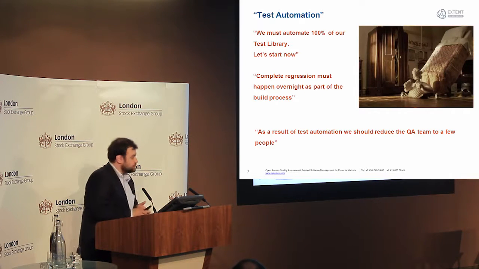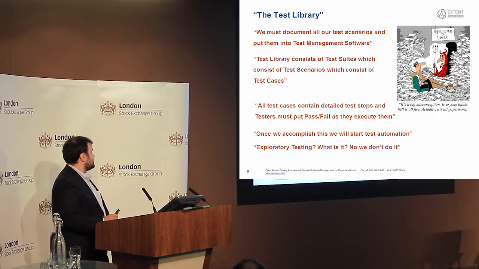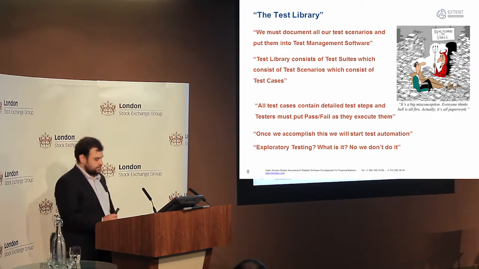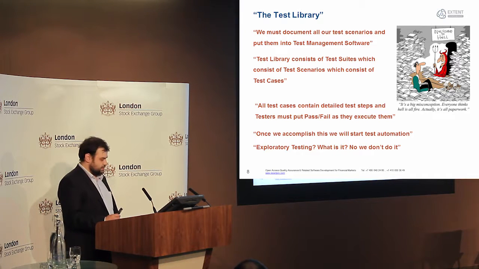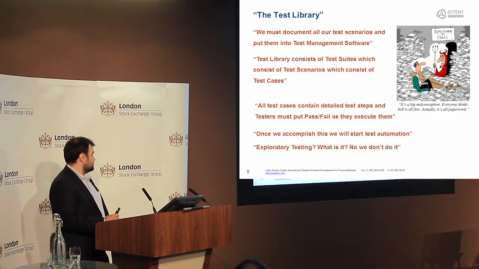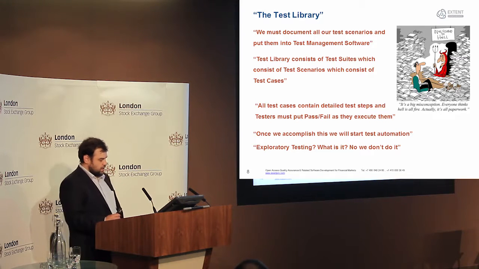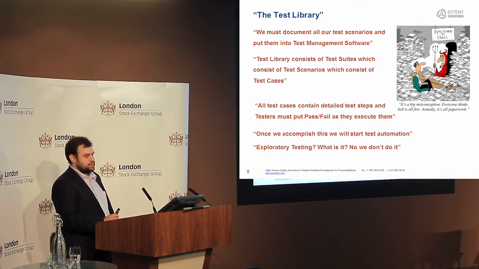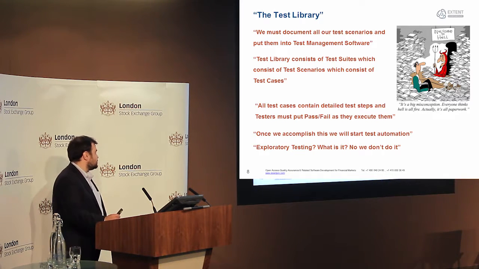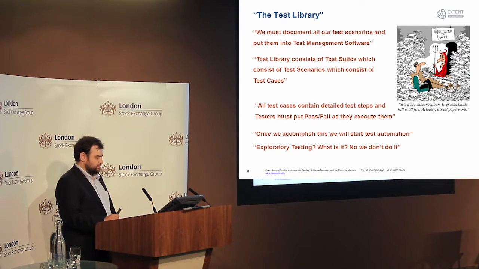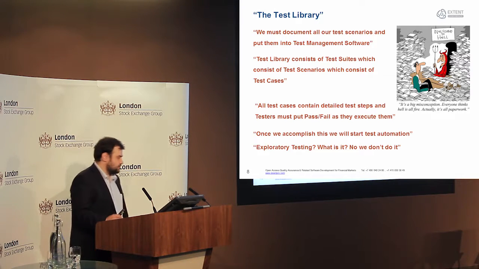The next anti-pattern is the test library. This is an attempt to document all test cases in detail before actually starting testing. As you can see, this gives us a lot of paperwork, and when we try to do this, we have a limited number of key resources that could spend their time on testing, just writing test scenarios step by step.